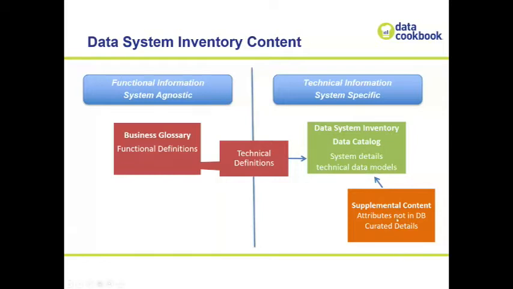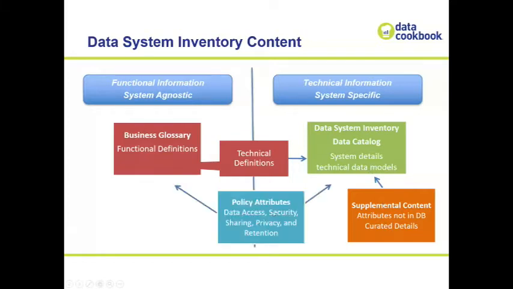So you've got supplemental content and attributes that are not in the database, or additional curated details about what this is, why it exists, and who owns it, which we'll go into in a little more detail. Then you also have the concept of policy attributes that you can layer on top, around security classifications, privacy codes, data retention policies, and those kinds of things. So there's this raw uncurated content, and then the curated content that requires some additional, non-technical information that you classify on top of that.